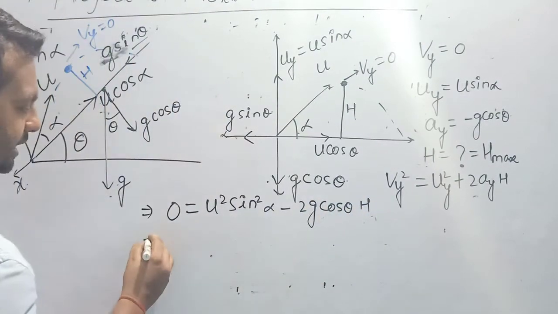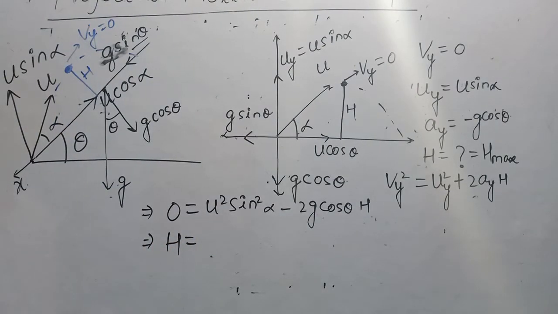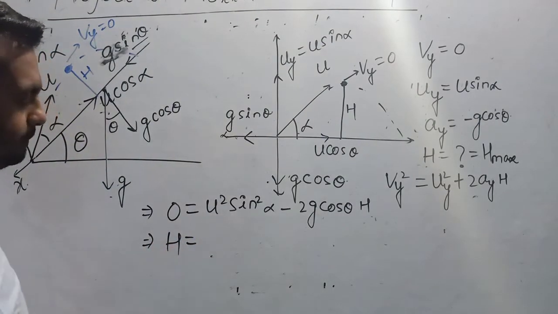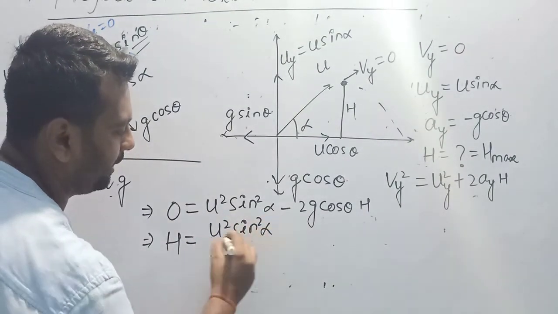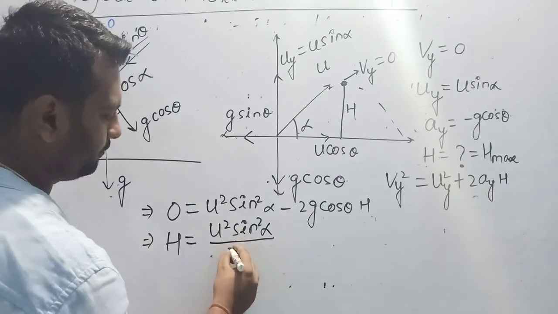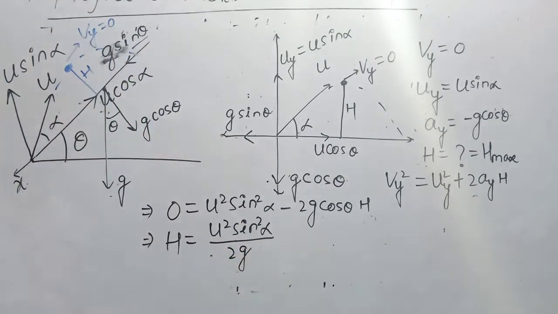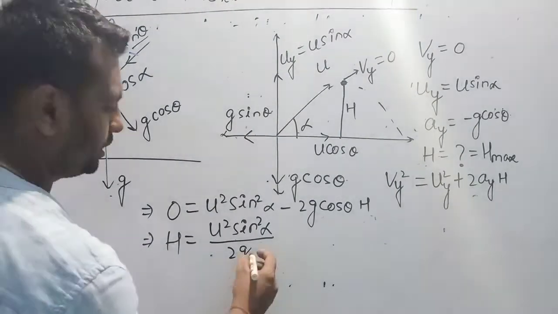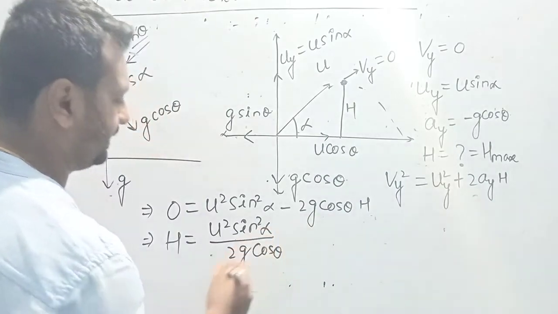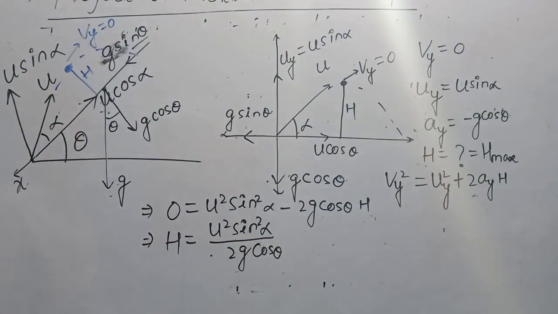Here I have to find h. h is equal to, what will we get? u square sin square alpha divided by 2g cos theta. This we are getting: u square sin square alpha upon 2g cos theta.